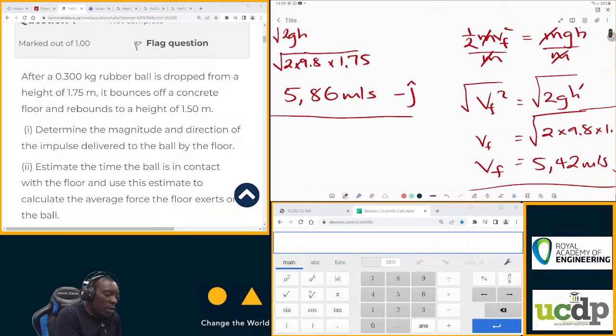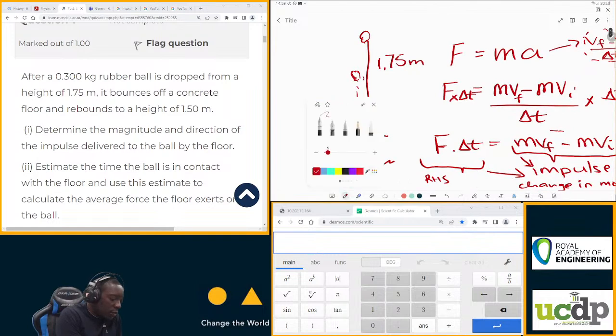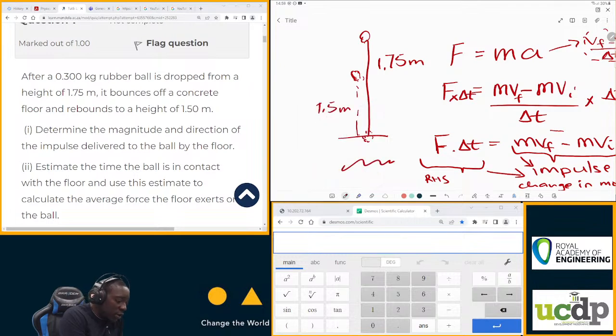So where are we on the diagram? We are at a point where the velocity Vi is the velocity with which we strike the ground. Velocity Vf is the velocity with which the ball rebounds.